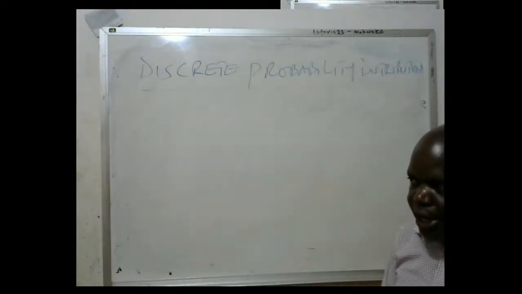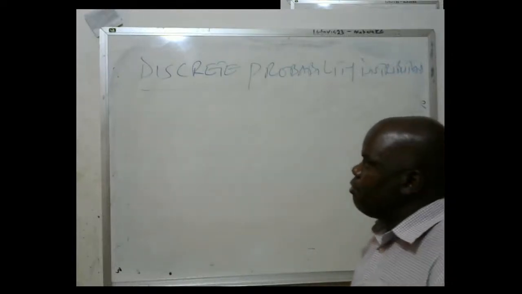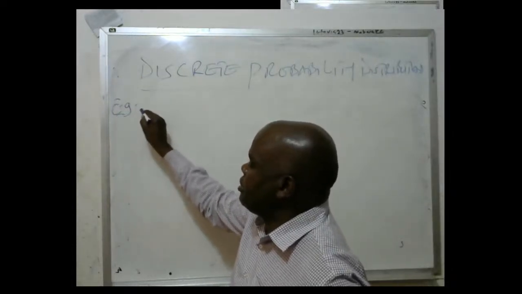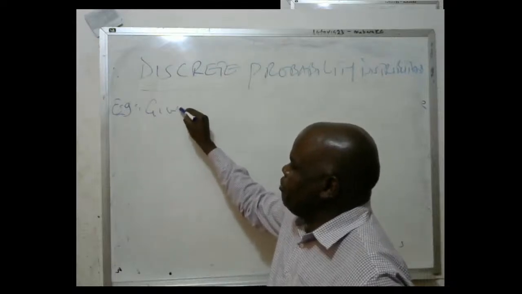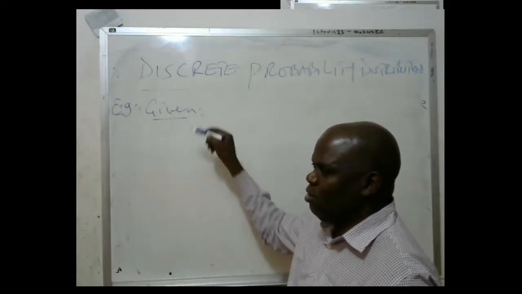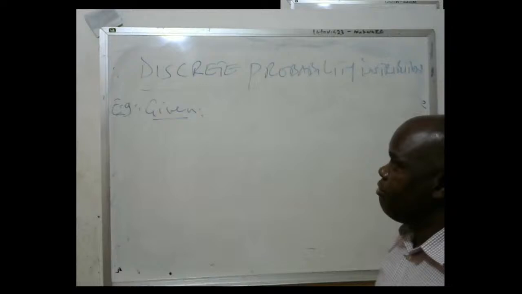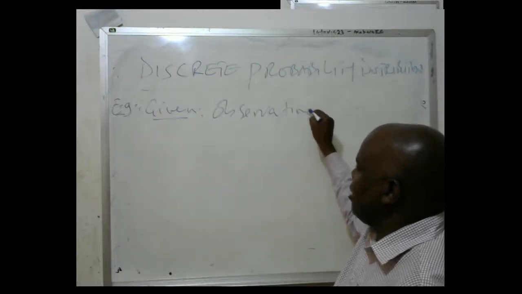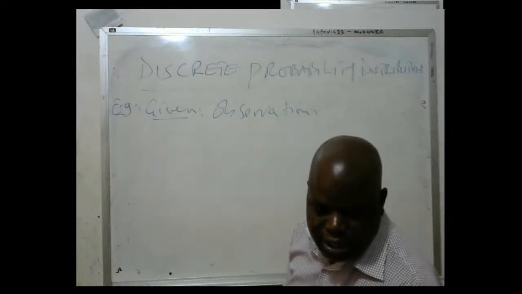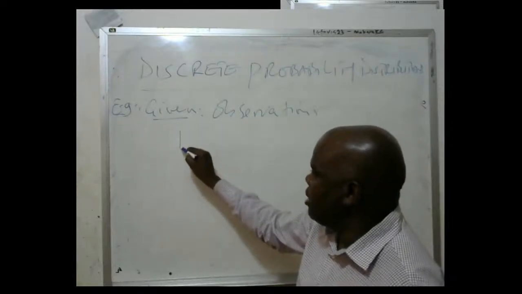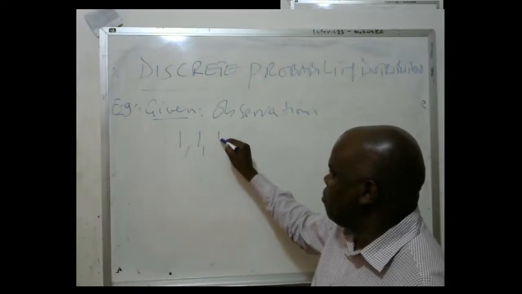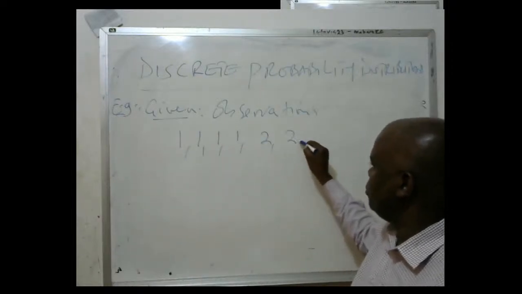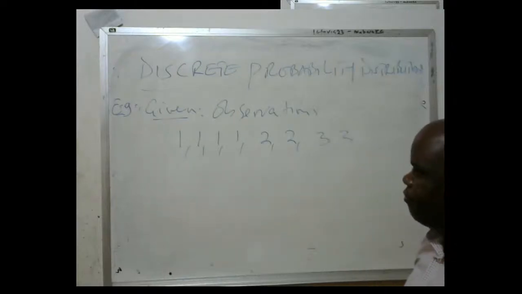Now, the immediate example which comes from our basic knowledge, example 1, is given this observation. If you remember our Senior 2 O-level studies very well, given observations like 1, 1, 1, 1, 2, 2, 3, 3.